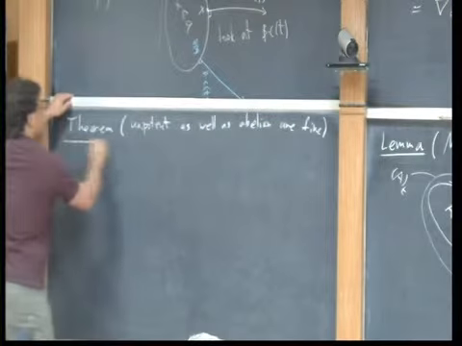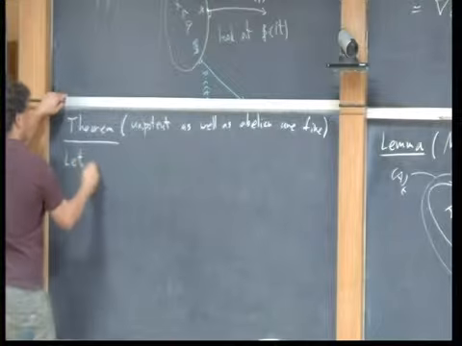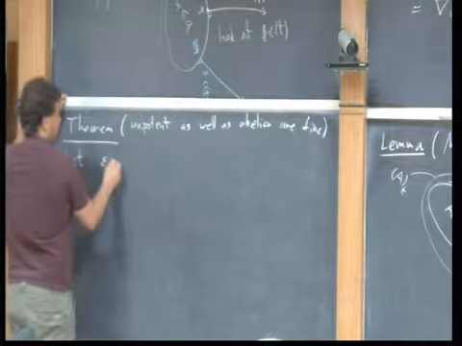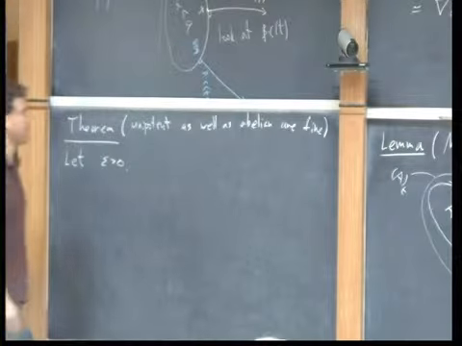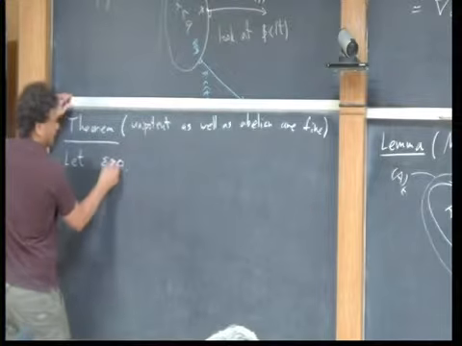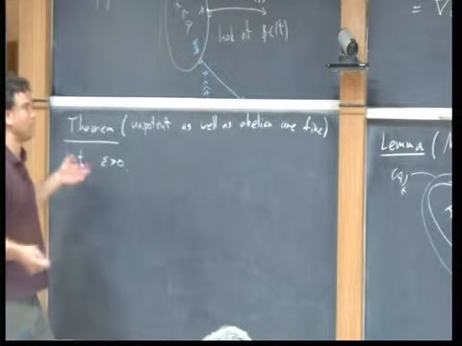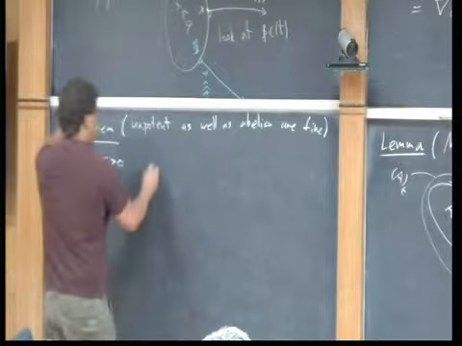And what does it mean? So let epsilon be bigger than 0. It's not necessarily the Margulis constant, but it's something related: the Margulis constant over some constant, so it's smaller than the Margulis constant.